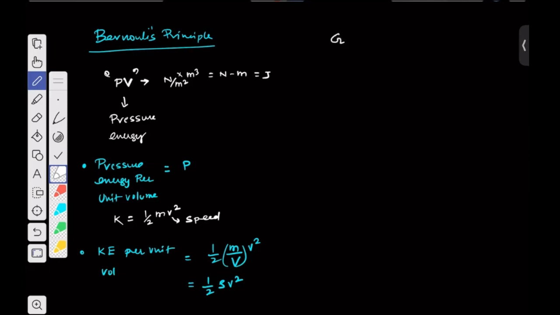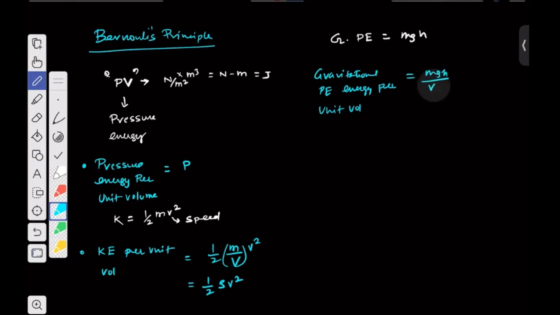So the gravitational potential energy we can write down as mgh. The gravitational potential energy per unit volume is going to be mgh by volume, and mass by volume will be density, so rho gh.